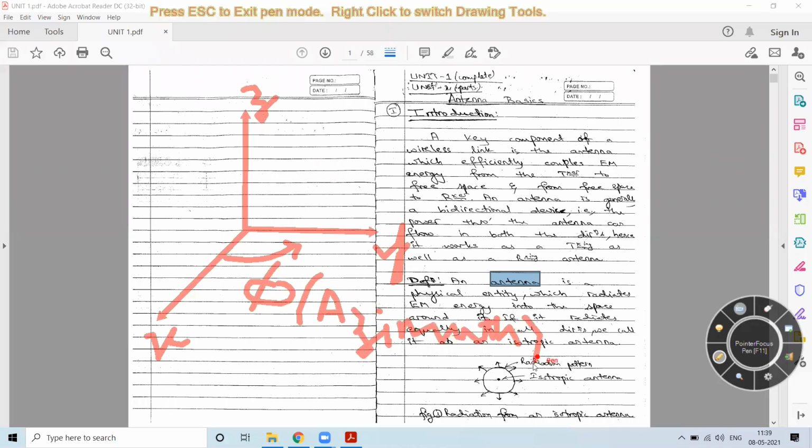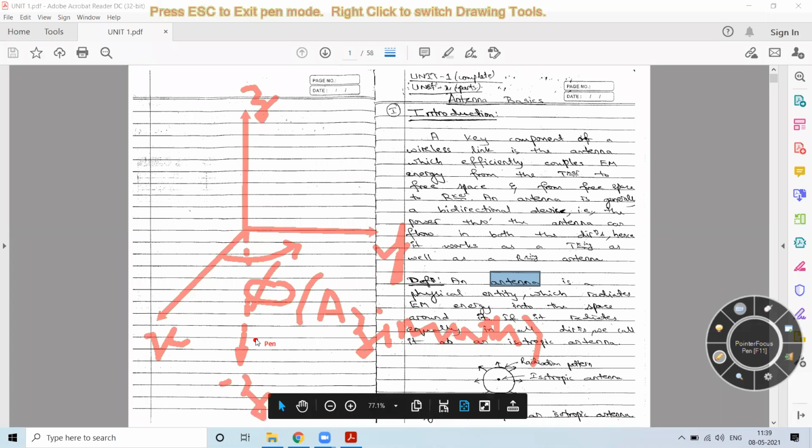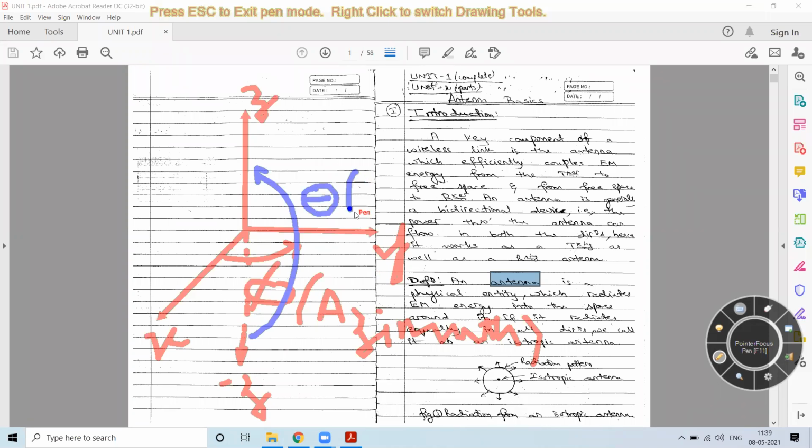Now we have another one. Say we start from the negative Z direction. If we move from this point to this point, we have what we call the theta representation, or elevation.